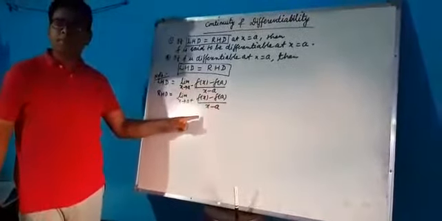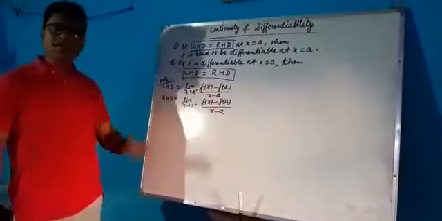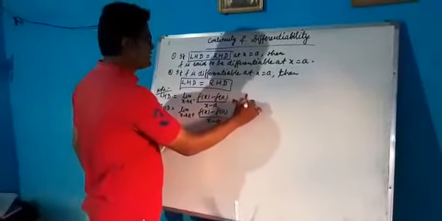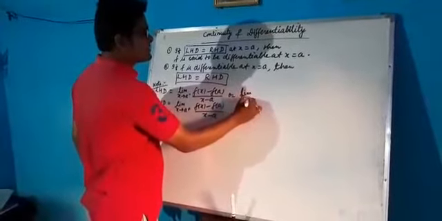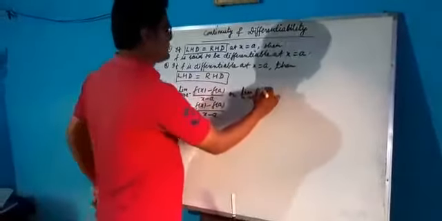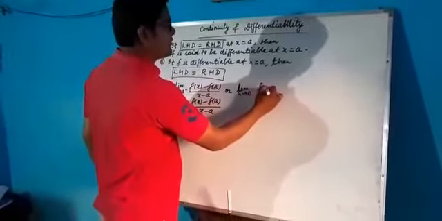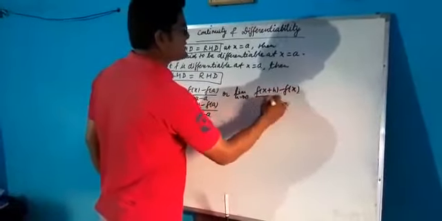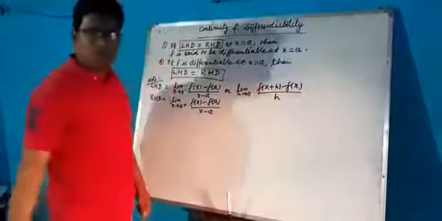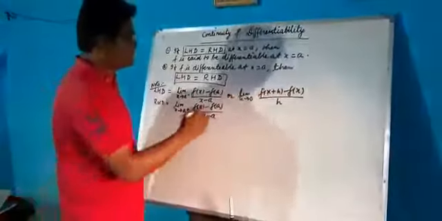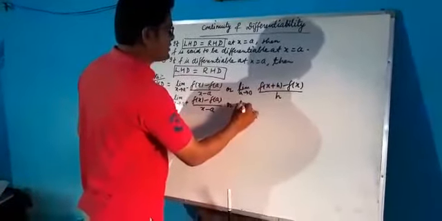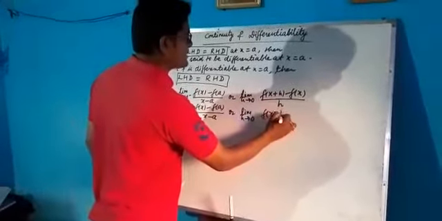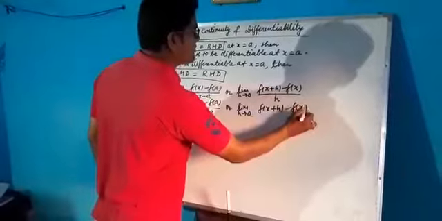Both are looking same, and the only difference is limit x tends to a minus or a plus. It can be written in this way also, limit h tends to 0 f of x plus h minus f of x by h. This is the first principle formula you have also utilized in class 11, and that is also limit h tends to 0 f of x plus h minus f of x by h.